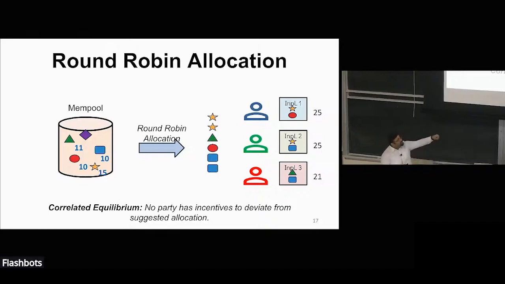We can see that the red party here is not suggested to include star, which is the highest paying effective transaction. But if it does select star and deviates from the protocol, it would only receive 10 utility, which is less than or equal to what it has already been allocated.